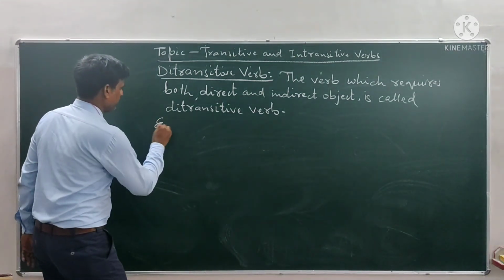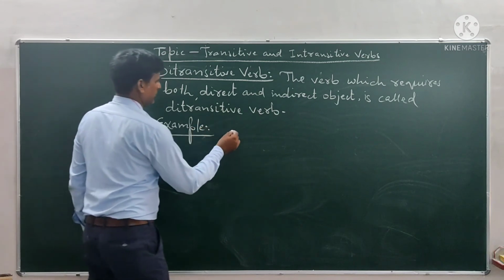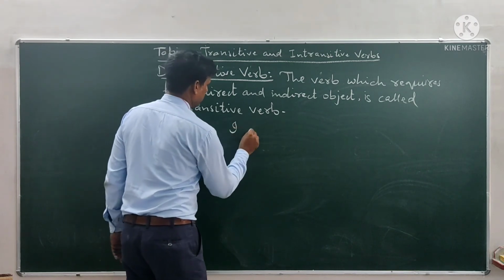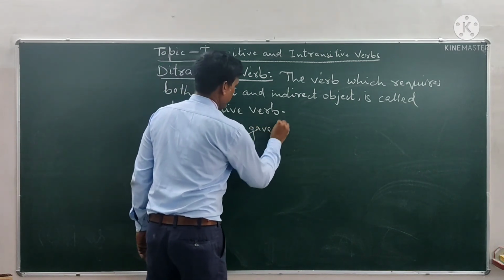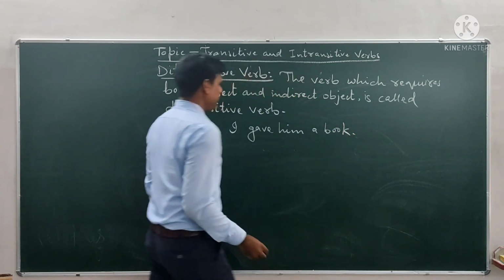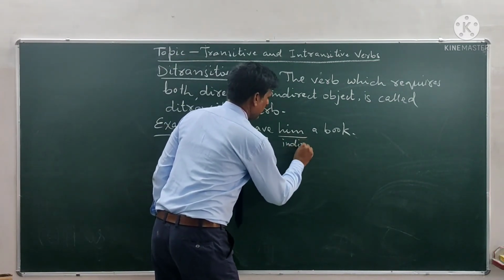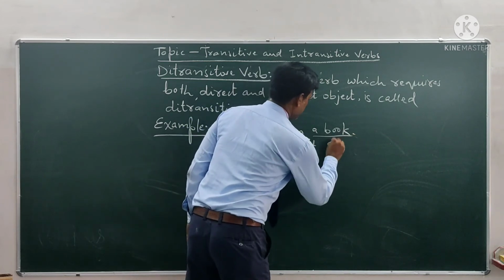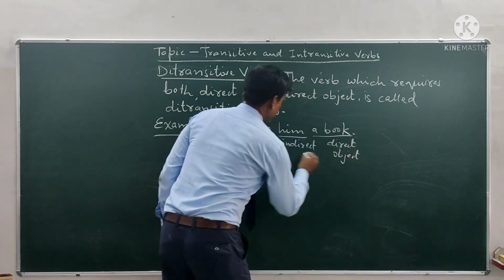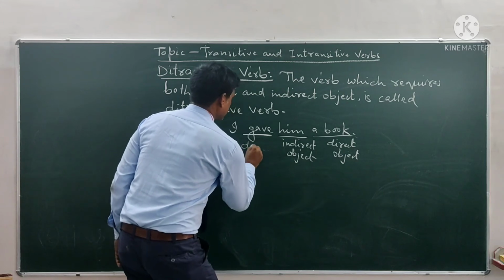For example, I gave him a book. In this sentence, we have two objects, one direct object and one indirect object. That's why this verb is ditransitive verb.